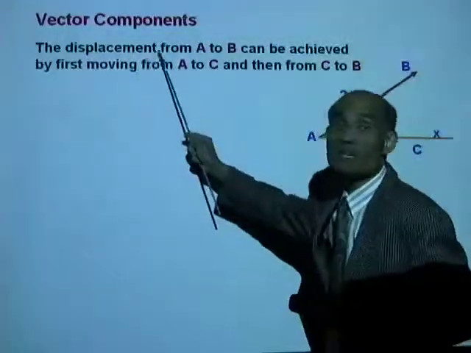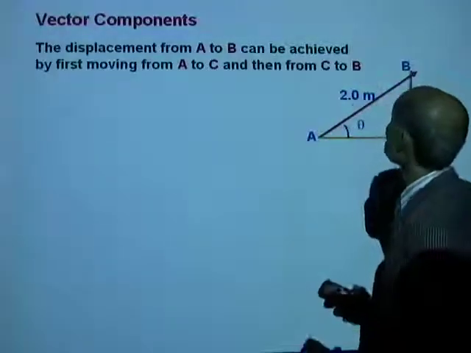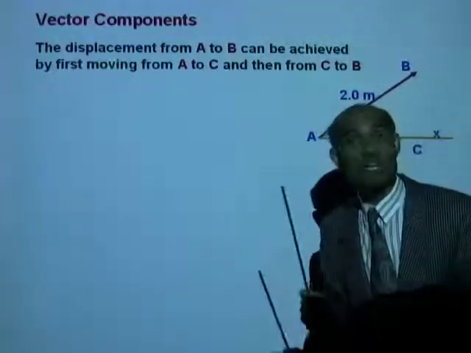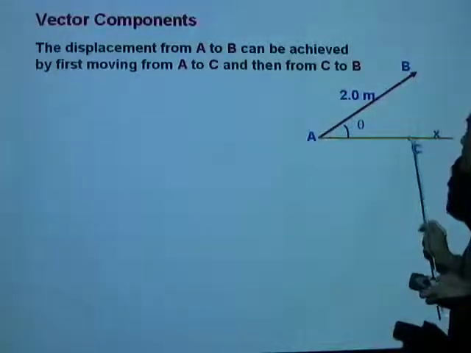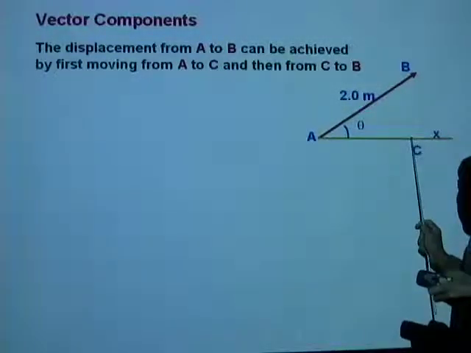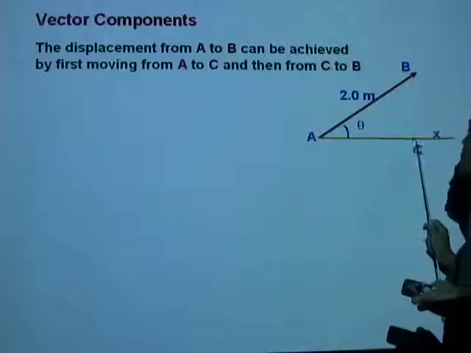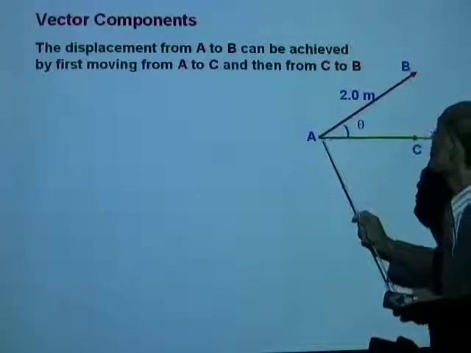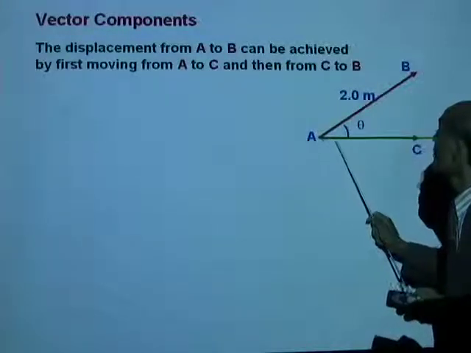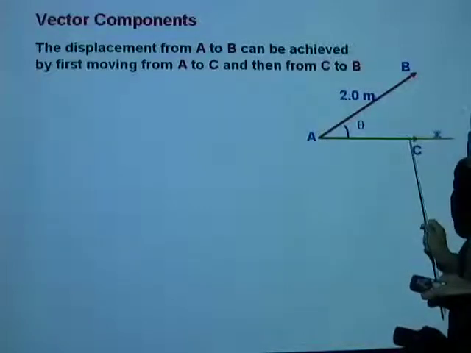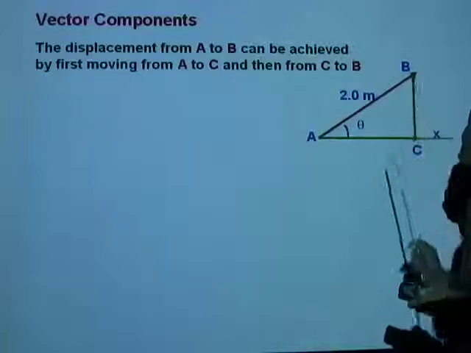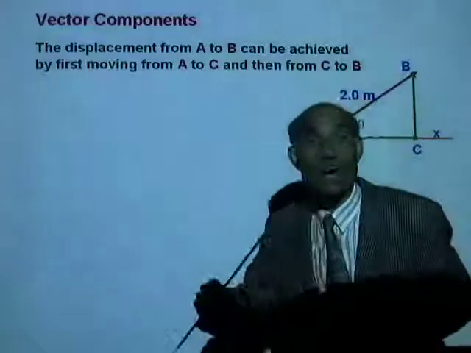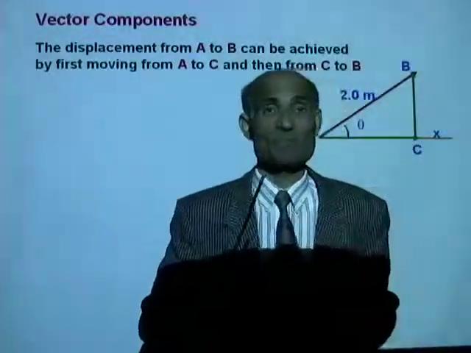The displacement from A to B can be achieved by first moving from A to C along the x-axis and then moving from C. Look at this. First I can go from A to C along the x-axis and then move from C to B along the y-axis. You see that?